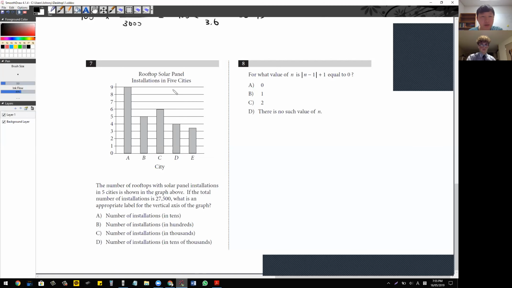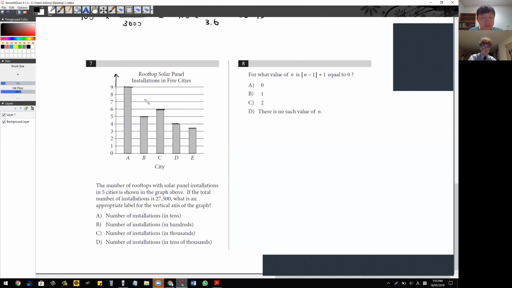So, rooftop solar panel installation in 5 cities. There are 5 cities there. The number of rooftops with solar panel installations in 5 cities is shown in the graph above. If the total number of installations is 27,500, what is an appropriate label for the vertical axis of the graph? Over here, this is about 9, 5, 6, 4, 3.5.